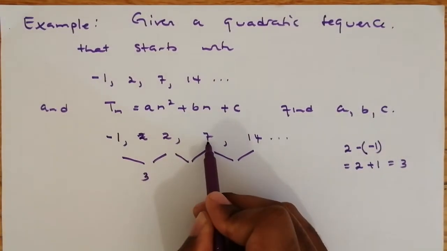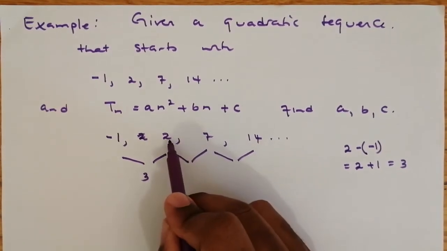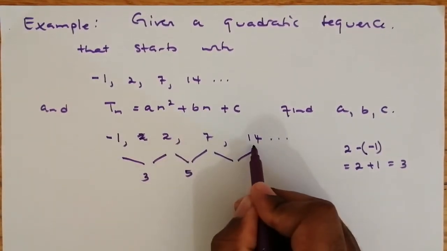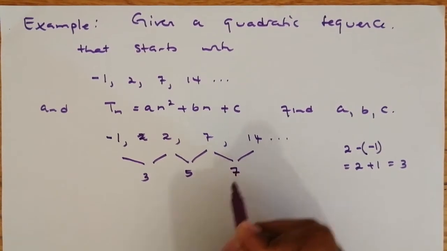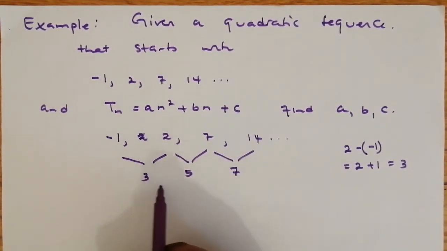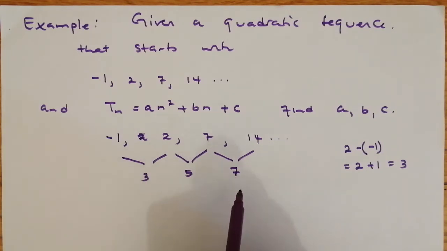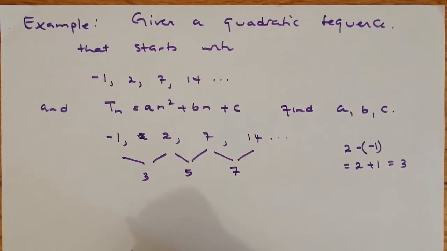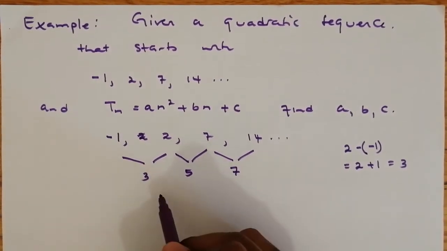Then 7 minus 2 is 5. Then 14 minus 7 is 7. This is the first difference, and as you can see, the first difference is not constant. If this difference was constant, then we would be speaking about linear sequences.